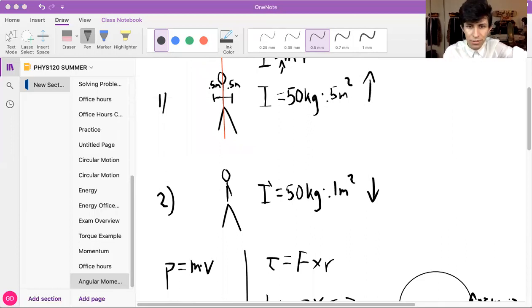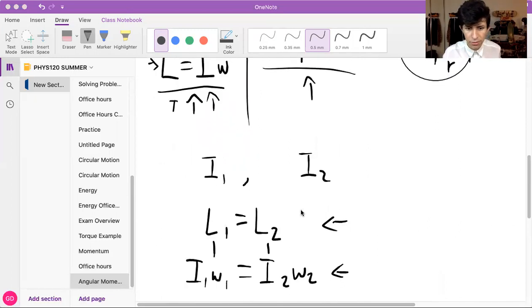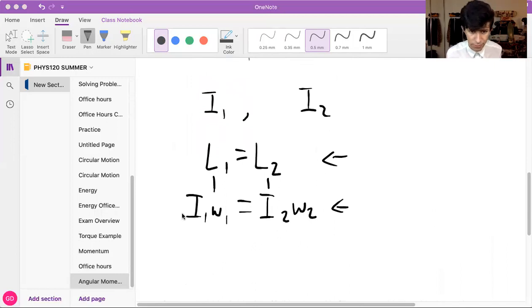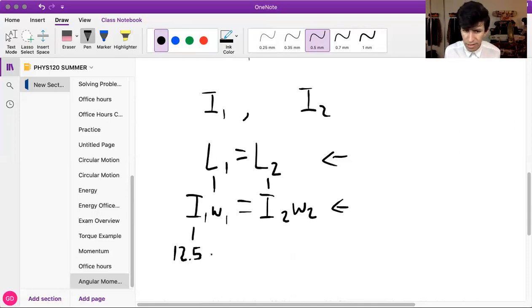So first inertia is 50 times 0.5 squared. Don't forget to square that. That gives us 12.5. So we know what the moment of inertia is for the first case, 12.5. The units, as you saw, are kilograms times meters squared. I'm not going to include those, but I just want to let you know what the units are.